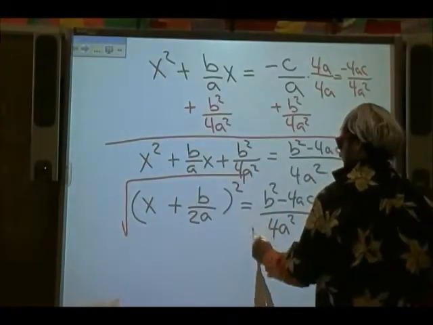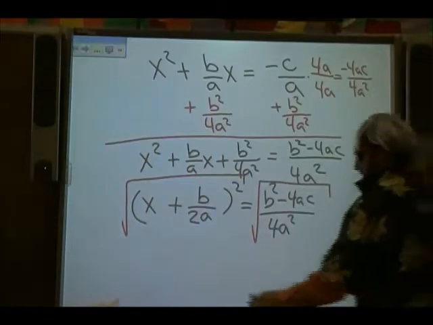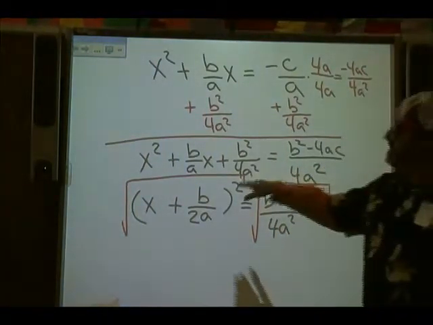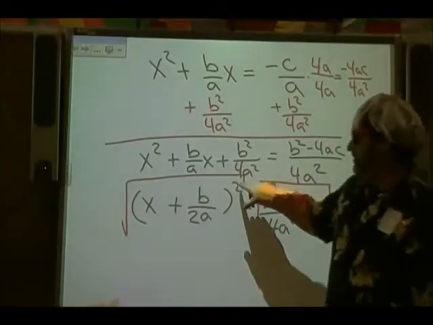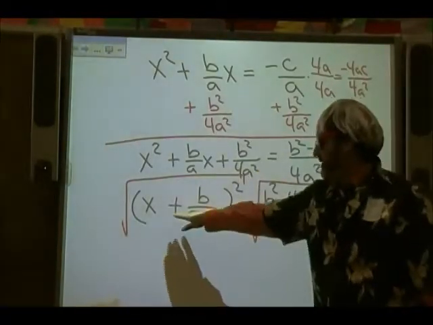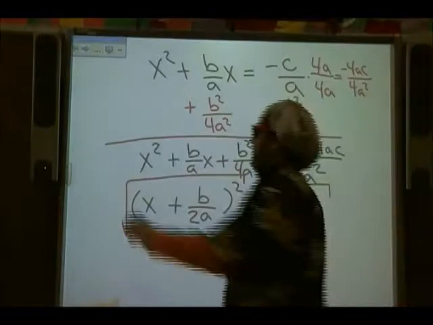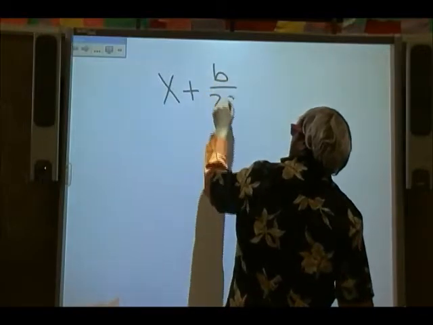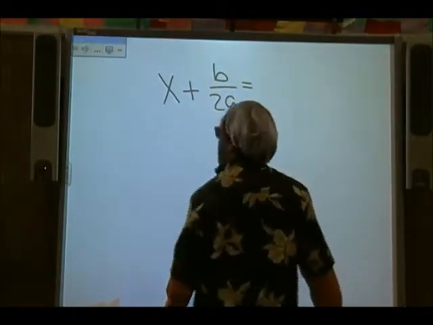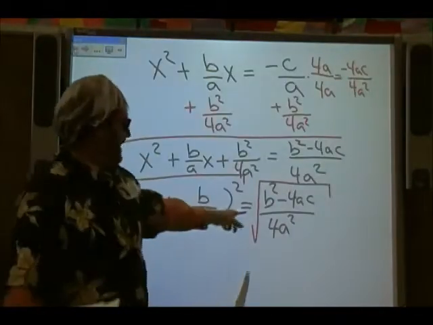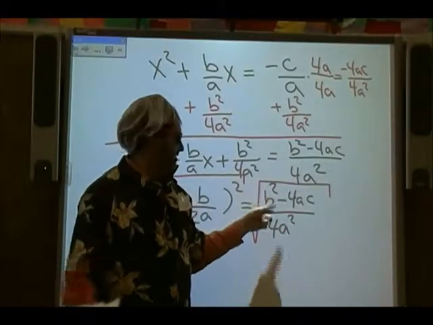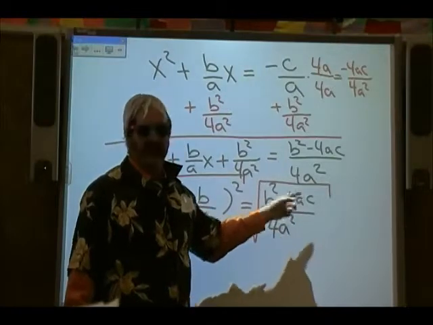Now, one step we're going to do is take the square root. Square root of this, square root of that. So I'm going to take the square root of this, the square and the square root cancel, and I'm left with x plus b over 2a. When I take the square root of the numerator, I can't do anything about it. So I'm left with the square root of b squared minus 4ac.